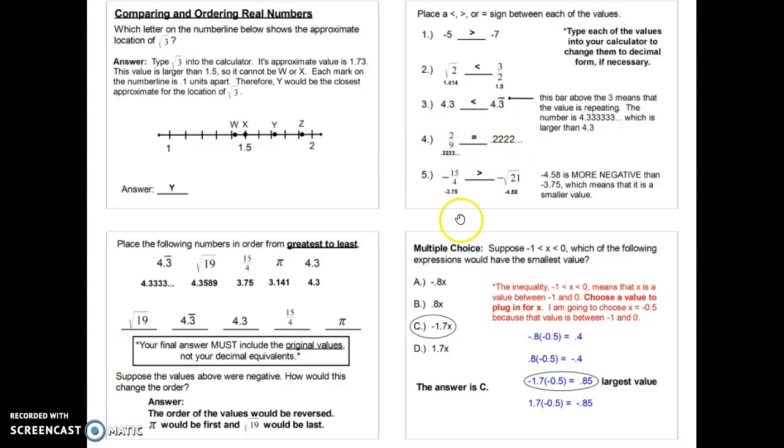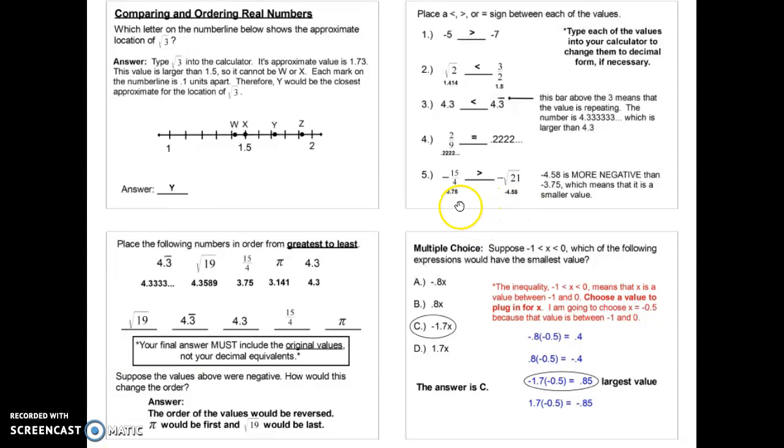Now in number 5, we have a -15/4, which when we put that into the calculator is going to give us a -3.75. So you would just need to type in 15 divided by 4 in order to get that decimal. And then we also have the negative square root of 21. So again, you need to type that into the calculator. The square root of 21 is going to give you a -4.58.